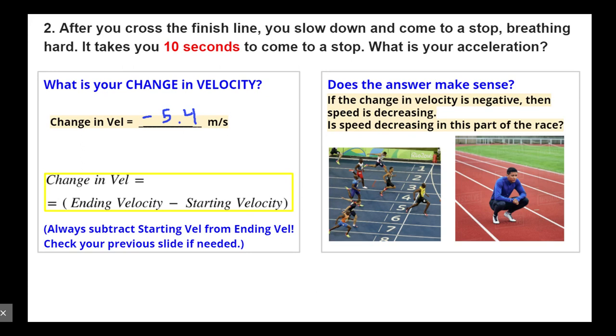In this part of the race, is our speed decreasing? Are we slowing down? This part of the race is from crossing the finish line to slowing down and coming to a stop. In this part of the race, our speed is decreasing and a negative change in velocity makes sense.